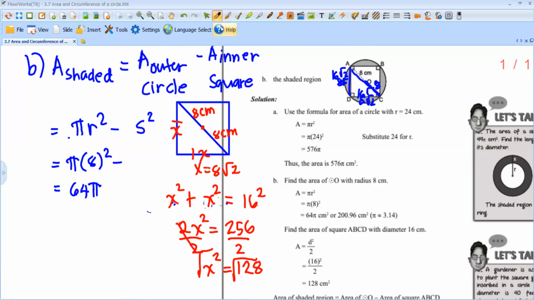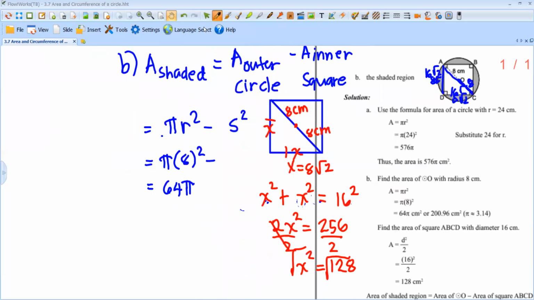Or to apply, as I have told you, remember this, the side of the square, if this is x and x, the hypotenuse is x square root of 2, right?